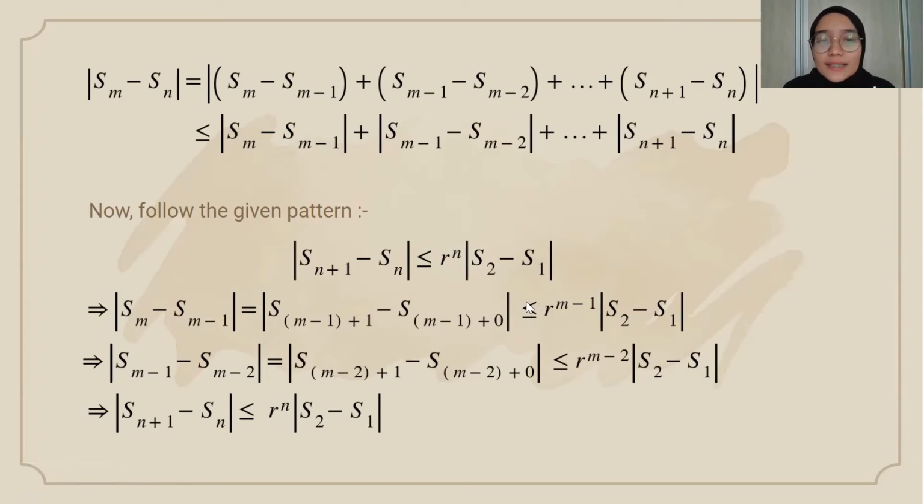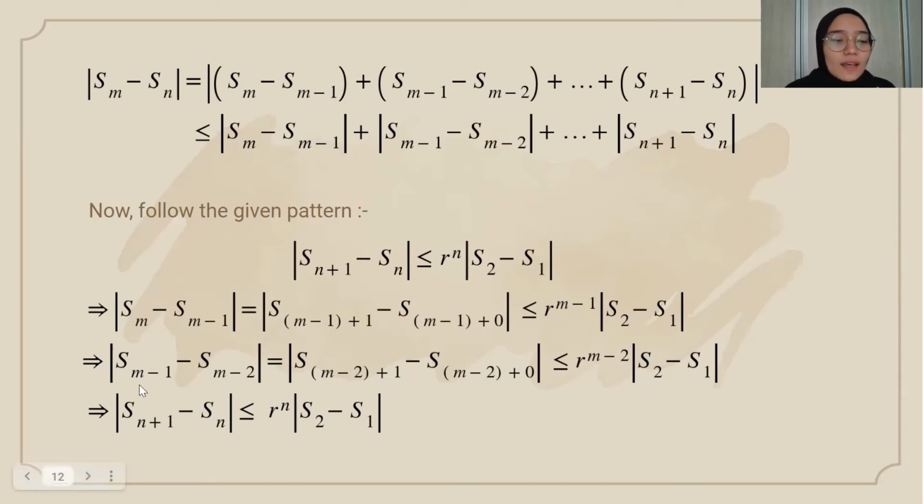Okay, so for this term, we can have that this is less than or equal to r to the power of m minus 1 times S2 minus S1. And for the next term, absolute Sm-1 minus Sm-2, we have this as equal to absolute S(m-2)+1 minus S(m-2), and this is less than or equal to r to the power of m minus 2 times S2 minus S1.